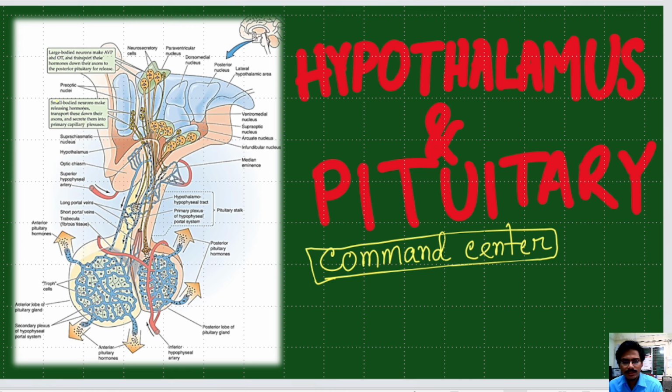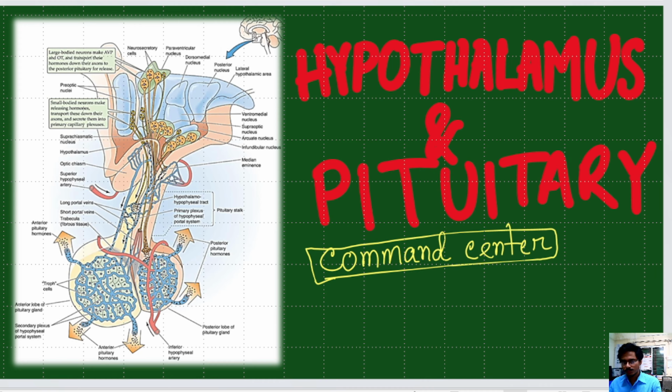So this is the portion. You can see this portion is the hypothalamic region and this portion is the pituitary gland, and these are the pituitary stalks, and there are a lot of nuclei and a lot of cell types present in the hypothalamus.